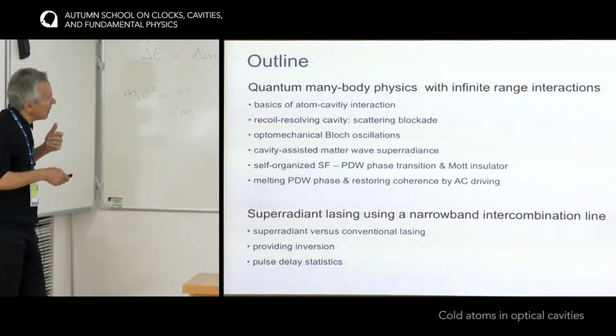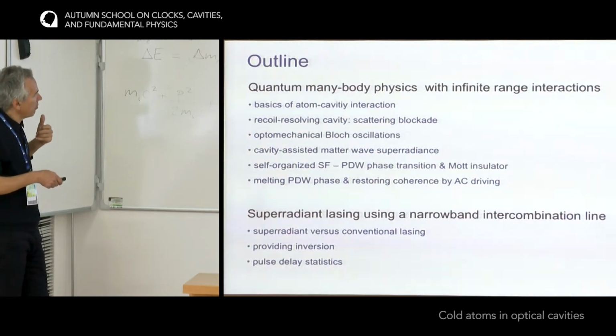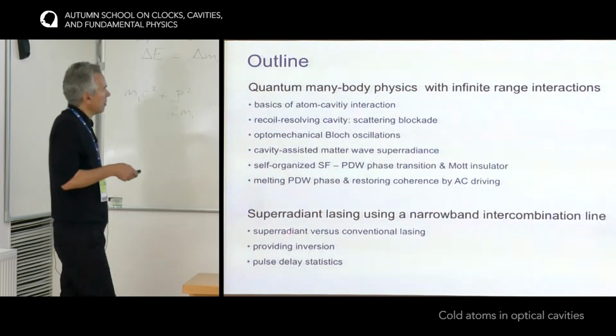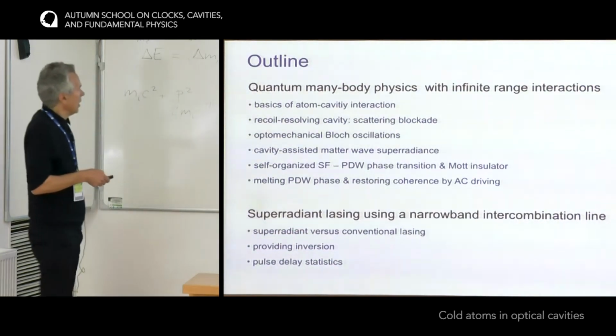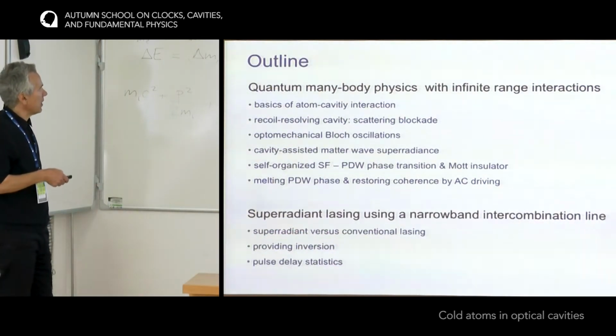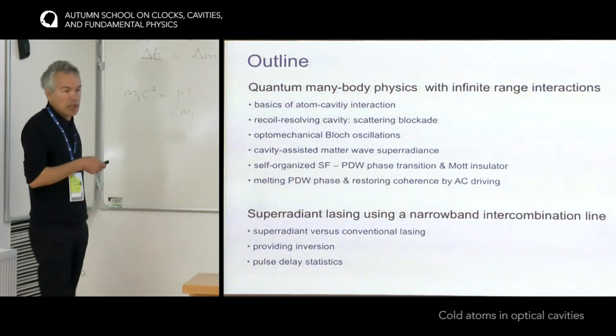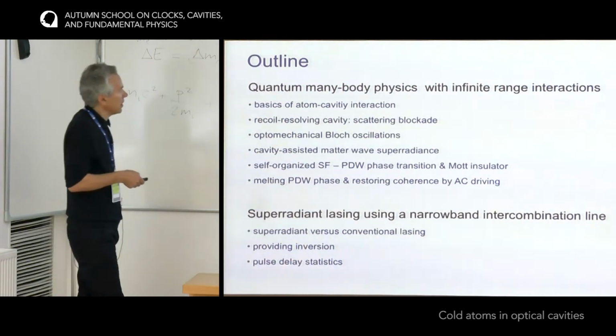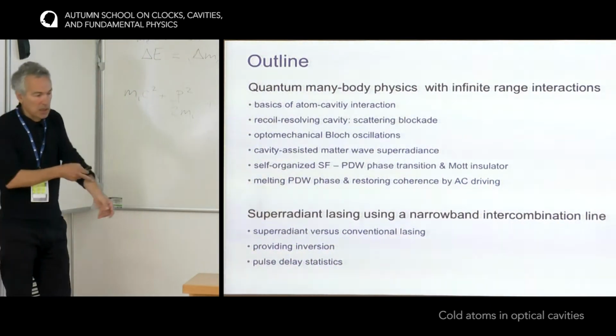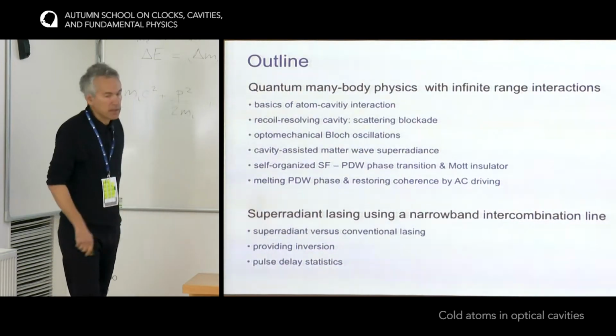Yeah, and later on, this will be tomorrow, I will talk about our super radiant laser with calcium atoms, and I will make a few words about what I mean by a super radiant laser as compared to conventional lasing, and I will show you how we provide inversion in our specific calcium system, and then I will discuss mostly pulse delay statistics.